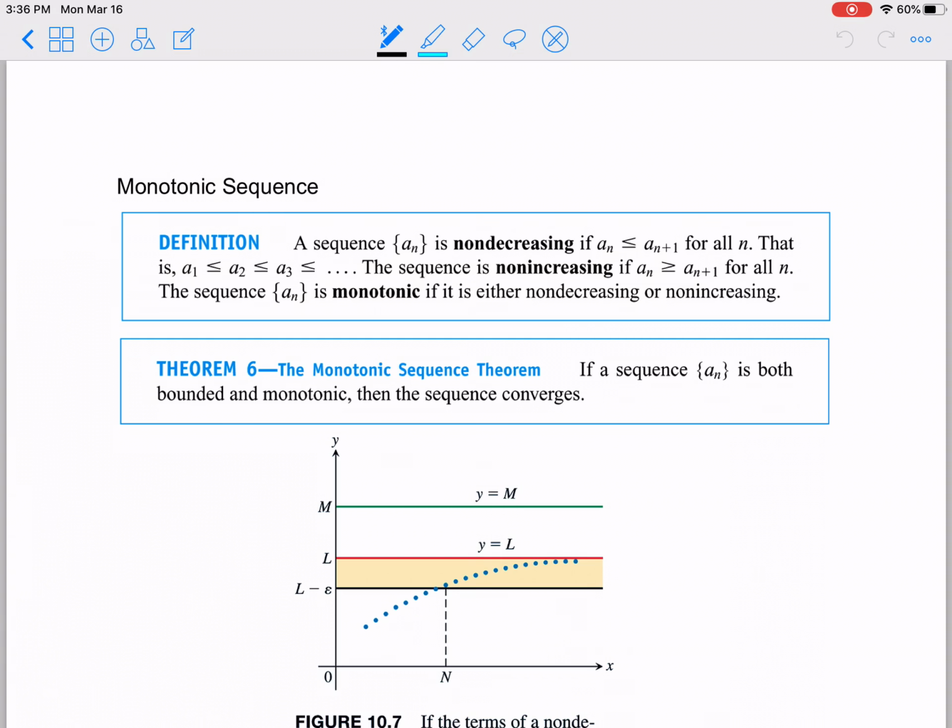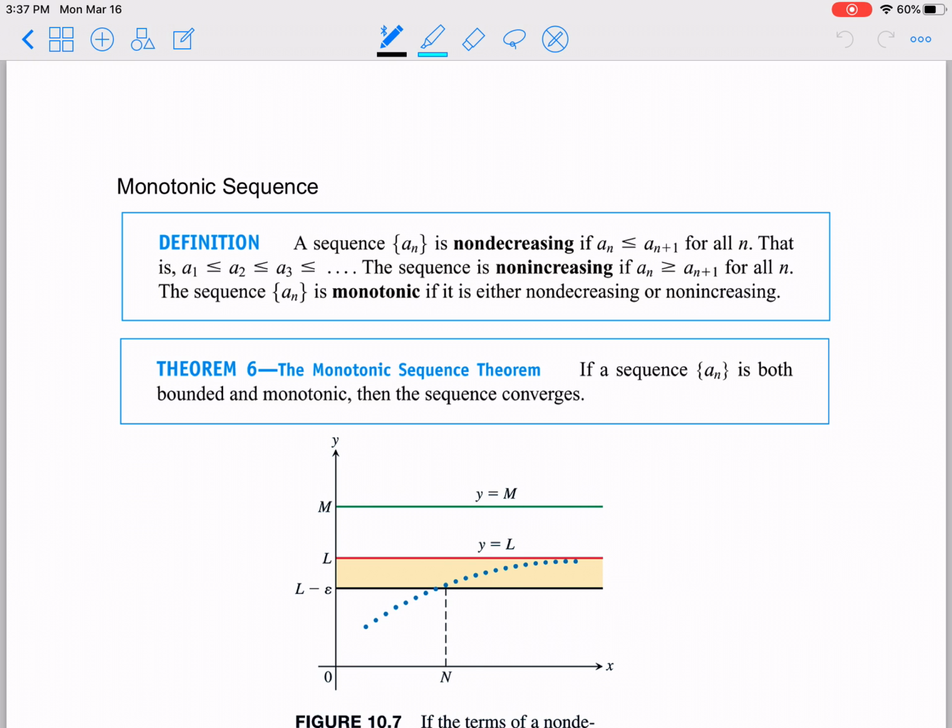All right? So let's take a look at monotonic sequences. A sequence set a_n is non-decreasing if a_n is less than or equal to a_(n+1) for all n. In other words, the next term in the sequence is always greater than the previous.